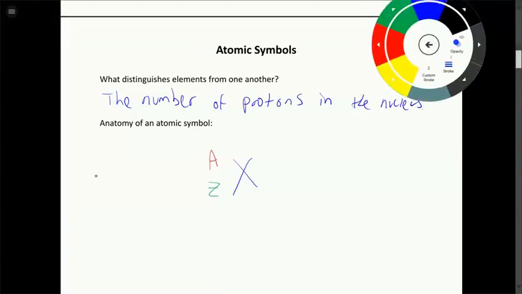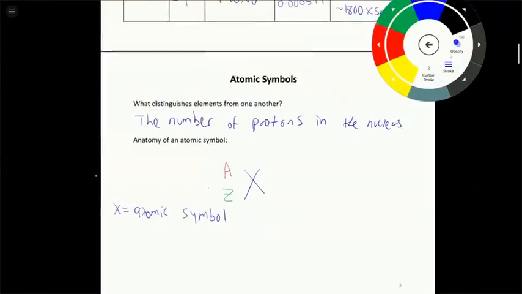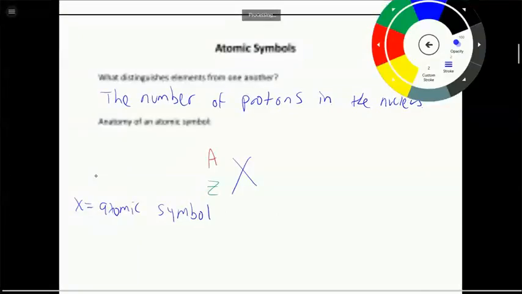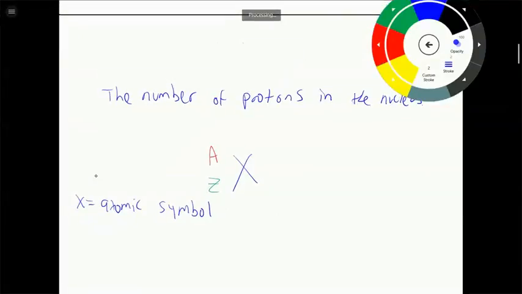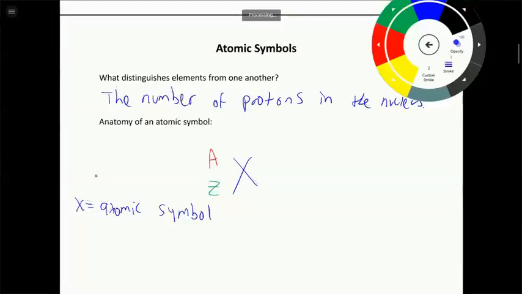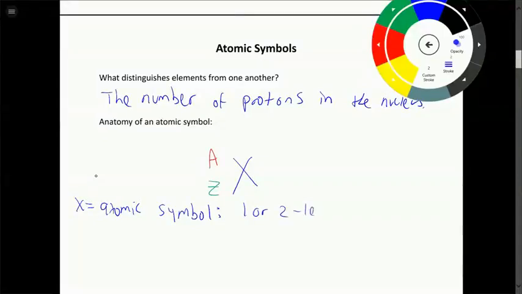All right, so X is the atomic symbol, as I said. And this is a 1 or 2 letter abbreviation that tells you the name of the element. It's an abbreviation for the name of the element. Now, as we warned you about before the PA exam in those documents, and it's going to still be true for the course, you're responsible for knowing how to match the names and the symbols for the first 36 elements on the periodic table.